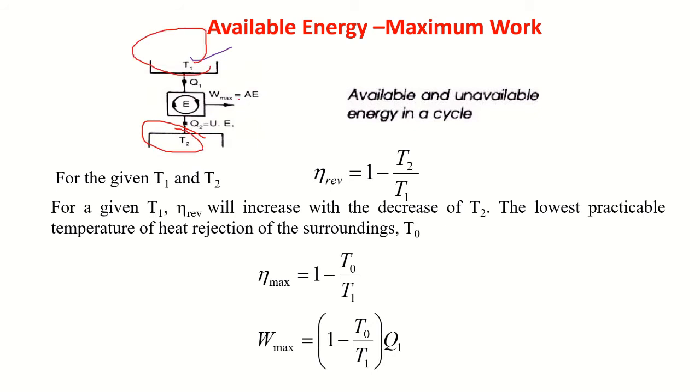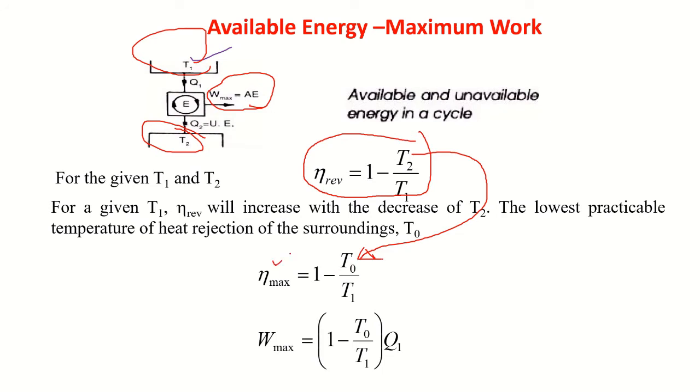It is producing maximum work. Efficiency of a reversible engine is given by this. You want to make this efficiency maximum. This T2 should become T0. So T0 by T1, this value becomes minimum and the efficiency will become maximum.